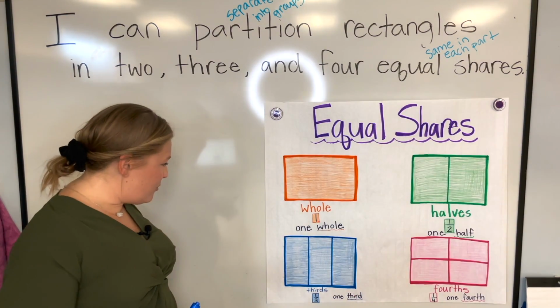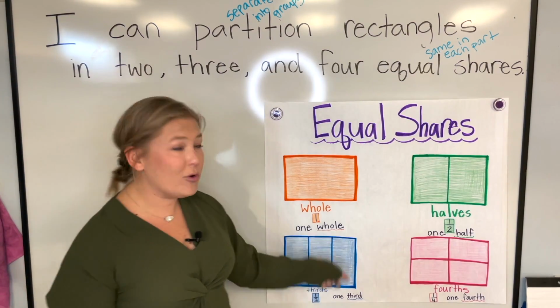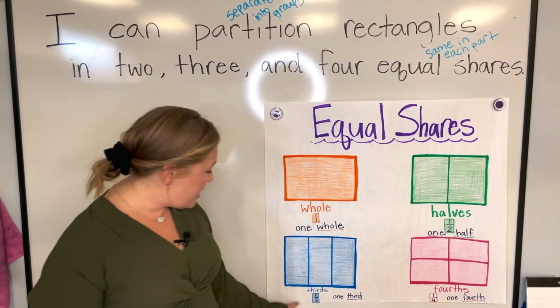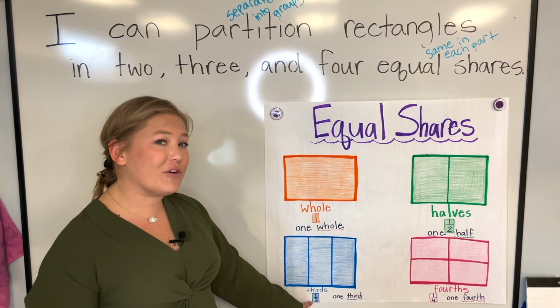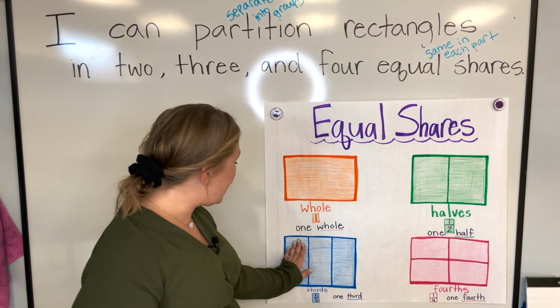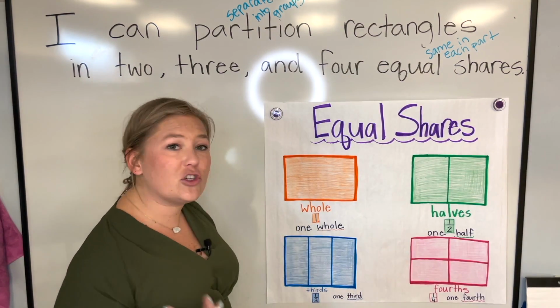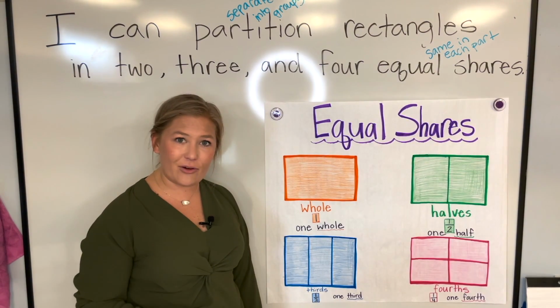The next one we have is thirds. So we see it's broken into 1, 2, 3 pieces. They're all equal, they're all the same. We sometimes see this as a fraction of 1/3, or someone might say 1/3. Now, again, if I were to say color just 1/3 of the rectangle, we would just see one part of it colored.